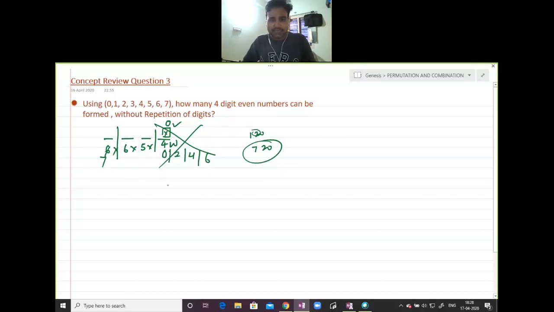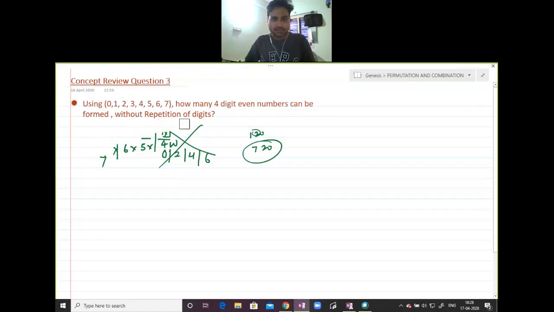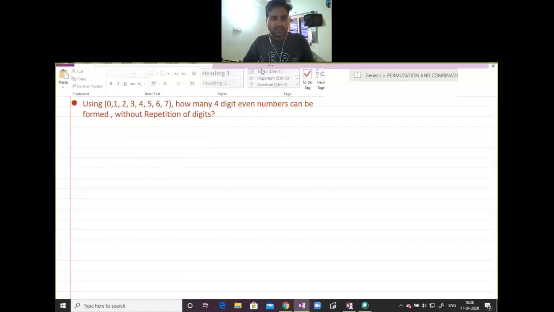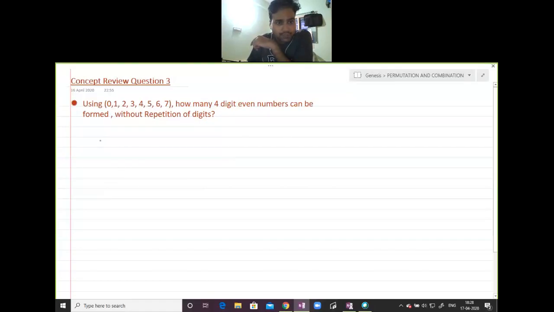So I will break it. I will solve as a beginner. I'll break this one by one into different cases: ending with zero, ending with two, and so on. So here we go, one, two, three, four. The last digit must be 0, so I will get an even number, no problem. So I will get so many numbers ending with 0.